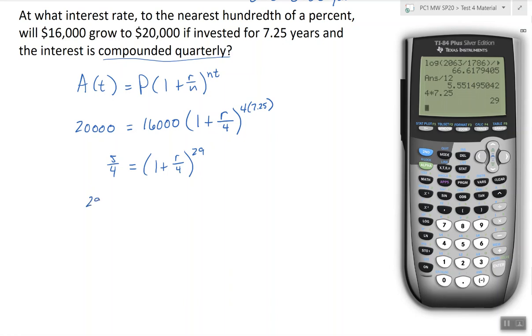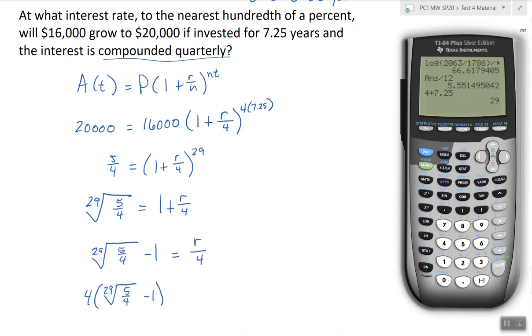So the 29th root of 5/4 equals 1 plus r over 4. We need to subtract 1 and multiply by 4. So the 29th root of 5/4, then we'll subtract 1, and that's equal to r over 4. We're going to multiply by 4. So 4 times the 29th root of 5/4 minus 1 is our interest rate.